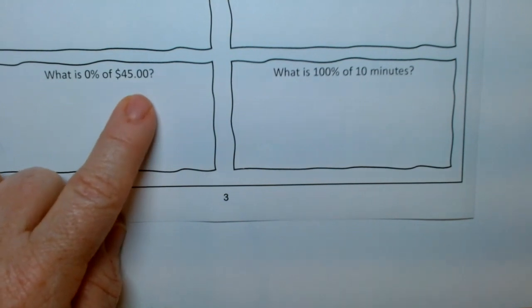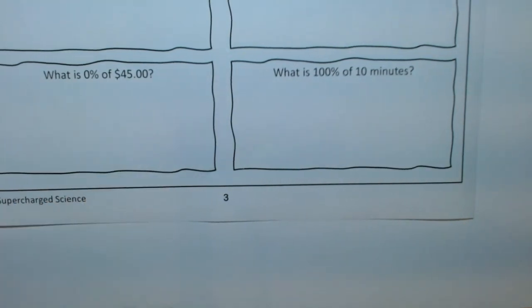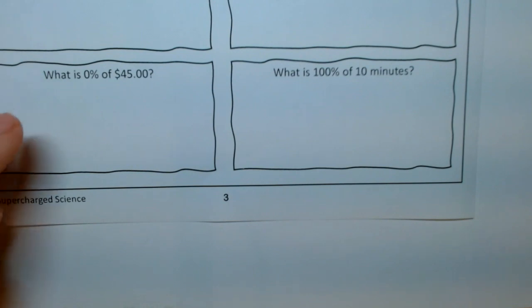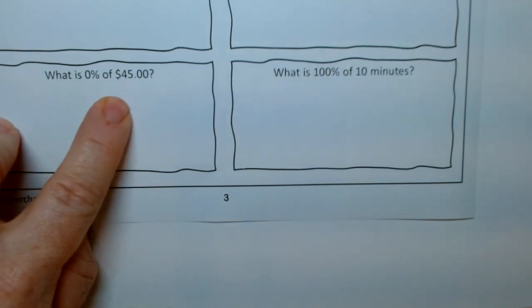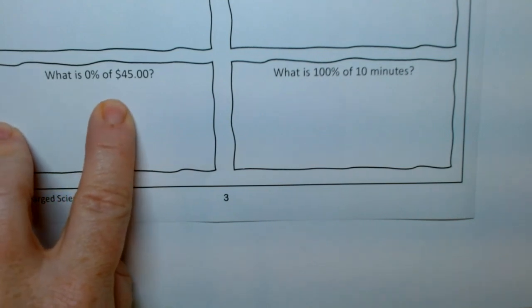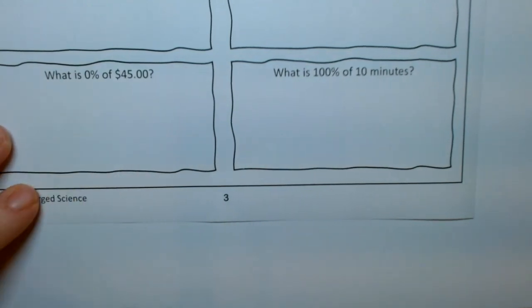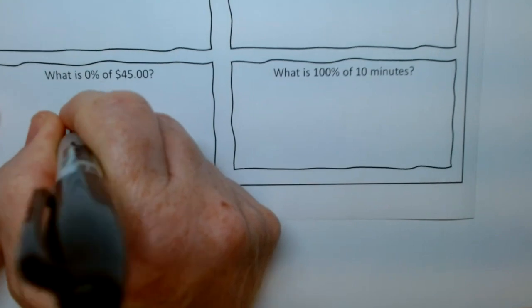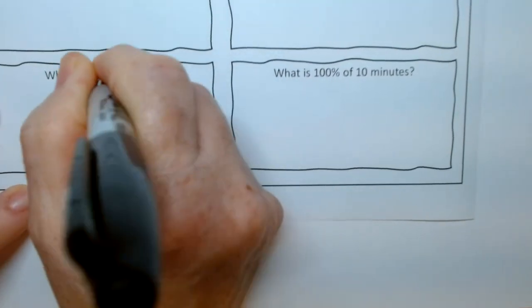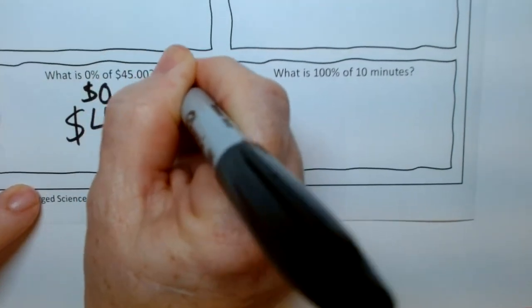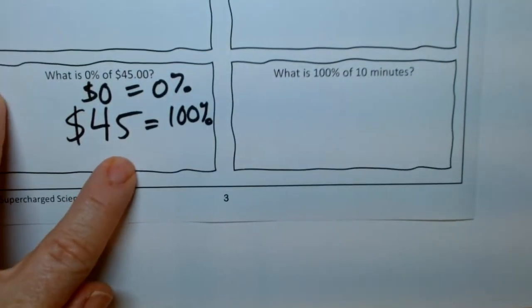Yeah, 0% just for you. How much money are you saving? Yeah, zilch, nada. None. How much is the thing that you want to buy? It's still $45. This is 100%. 0% is $0. Good.